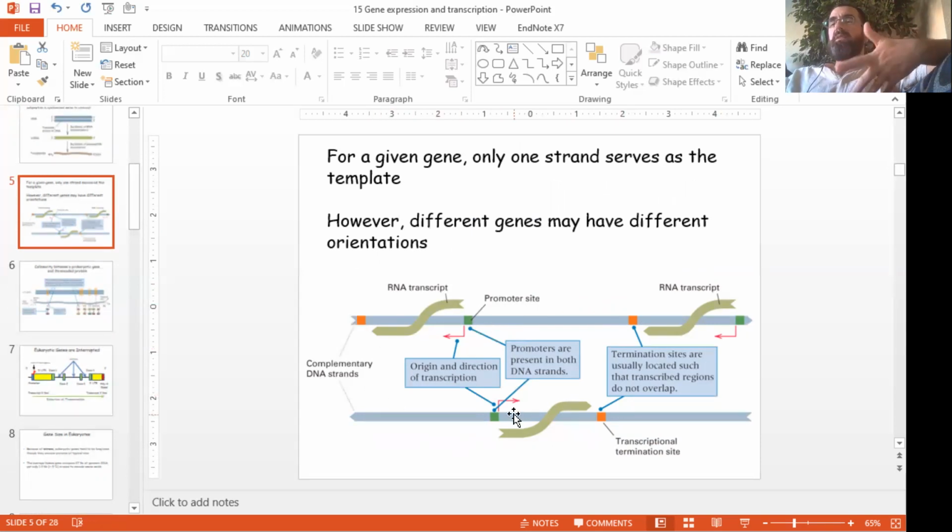But the same DNA, sometimes actually the same bit of DNA, but perhaps another bit, going in the other direction, serves as the template for transcription going in the other direction. So don't forget that when we talk about a gene, we're not just talking about a bit of DNA, but also the direction, or which strand is being used to encode that information, because it's very much dependent on which direction you're going in.